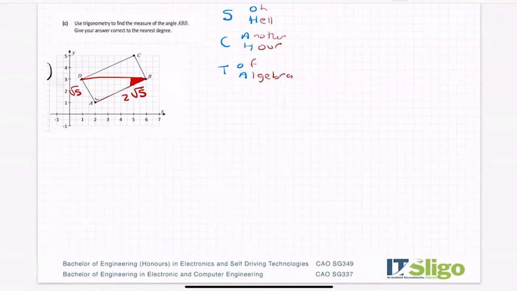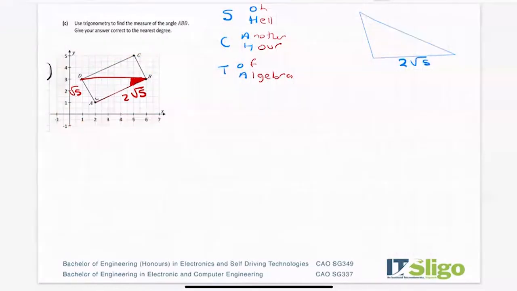So if I'm to draw that triangle, I find it awful handy to just draw the triangle for myself rather than use the diagram in the question, because then I can eliminate anything I don't care about, such as the rest of the rectangle, such as this detail here, because it doesn't matter for trig. Okay, and that's my angle.